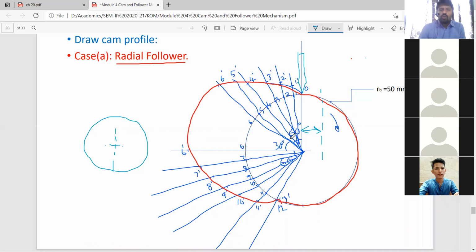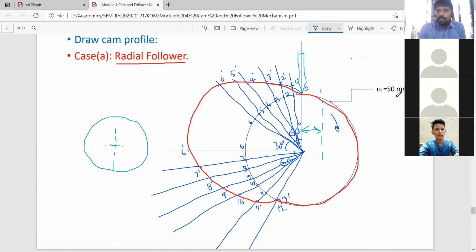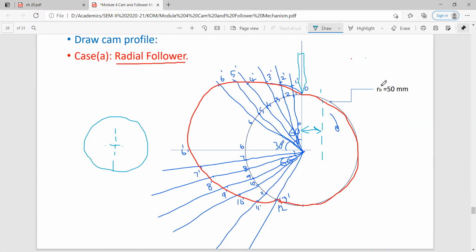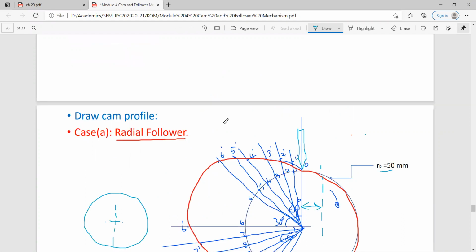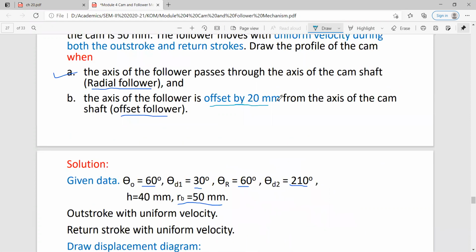Okay, so in such kind of arrangement, just like the earlier case, we draw a base circle whose radius is 50 mm. After that, we draw another circle which is known as the offset circle. The offset circle's radius will be equal to 20 mm, equal to the offset distance.